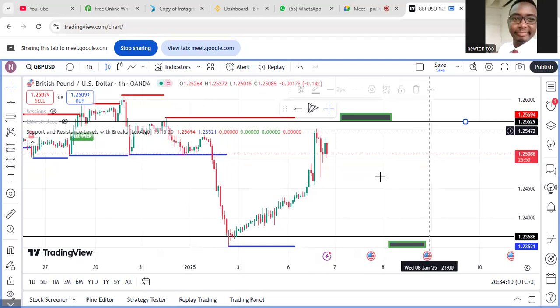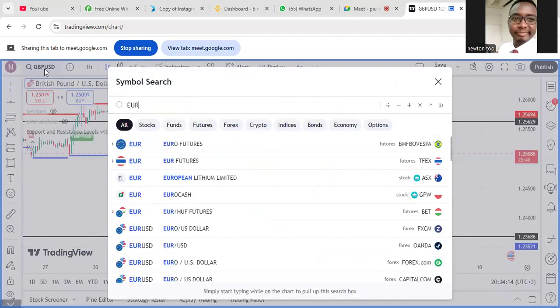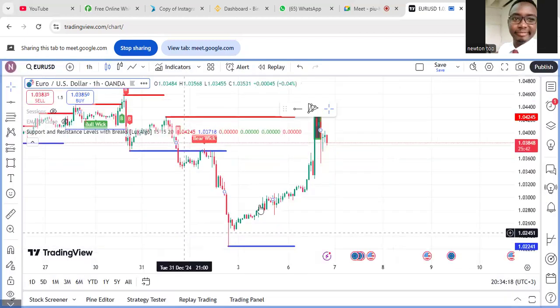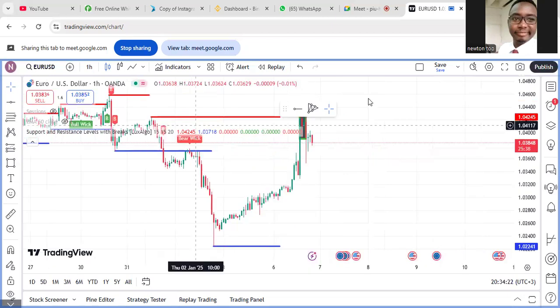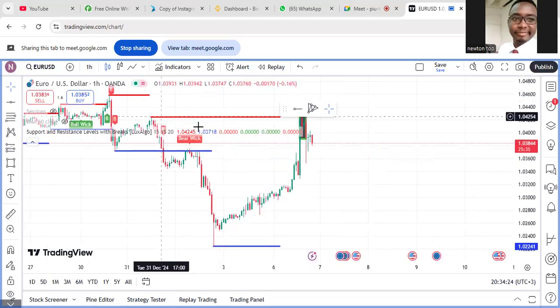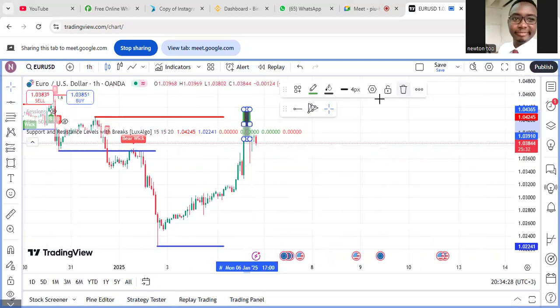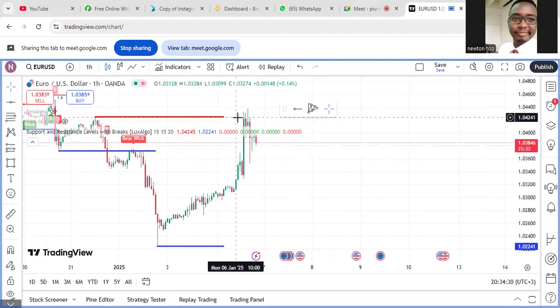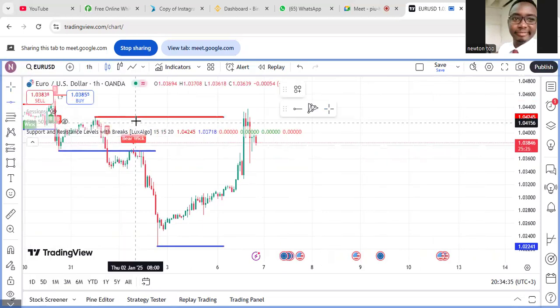Let's check USD for the last, maybe, then we call it a day. USD, same thing. Here we had this reversal region. Right now it's being rejected here. You can see, if you had extended it, it's now being rejected here.